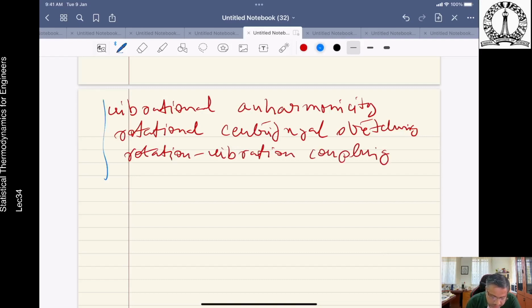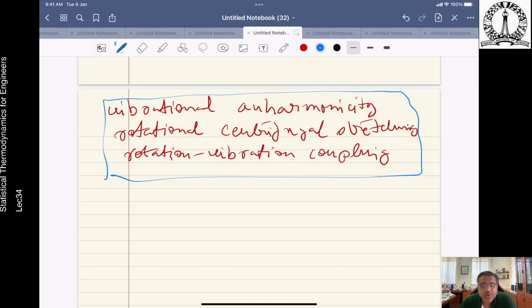So these were the three things that the complex model incorporates. This is what constitutes the complex model that we did in the previous lecture, in comparison to the simplex model, which assumed a harmonic oscillator and a rigid rotor.